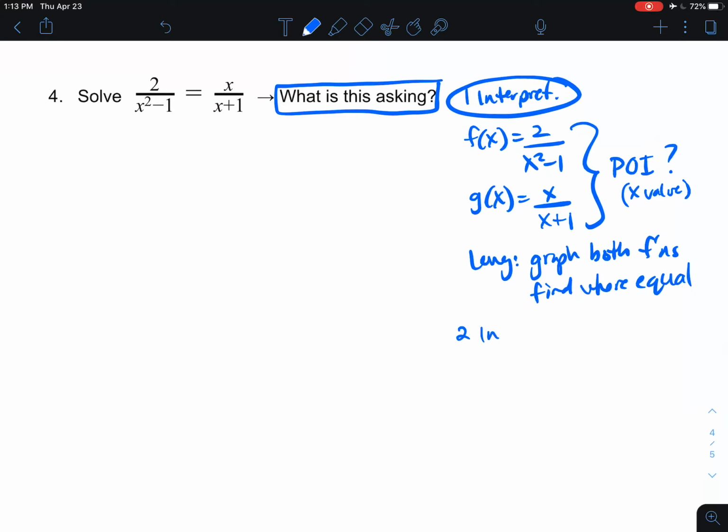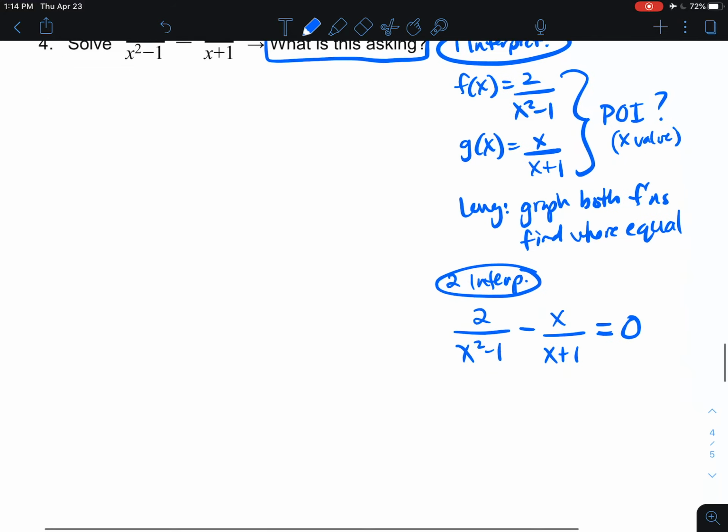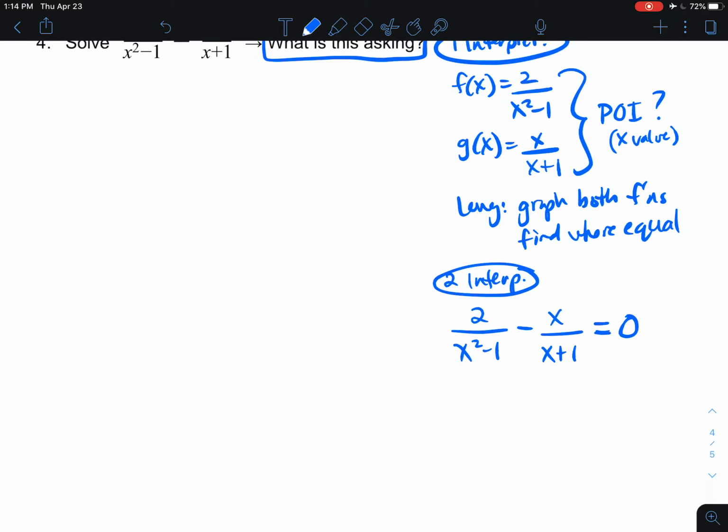Another possible interpretation is to ask not about those two individual functions, but to reframe the question. So to ask a different question, okay? So you're subtracting that term from both sides. When is that new function equal to 0, okay? So this is the new function h of x. Where does it cross the x-axis?